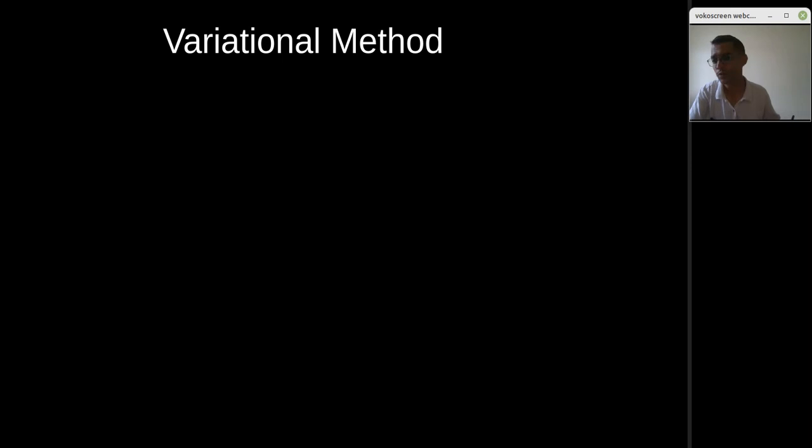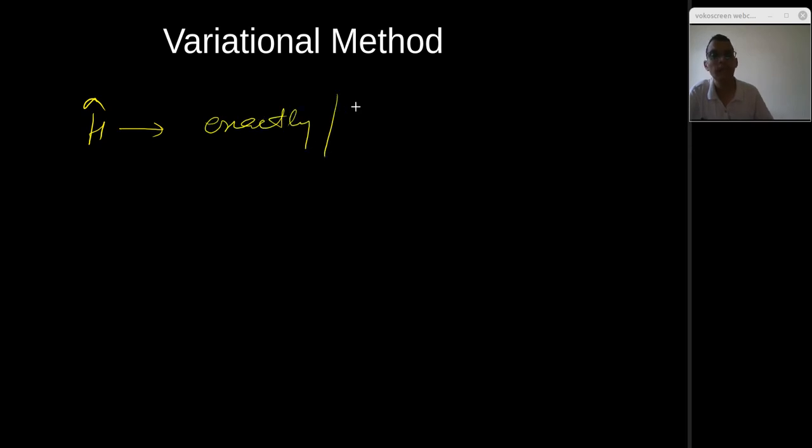So today I am going to talk about the variational principle, or the variational method, which is used in quantum mechanics. In quantum mechanics there are some Hamiltonians that cannot be solved either exactly or by perturbation theory, right?